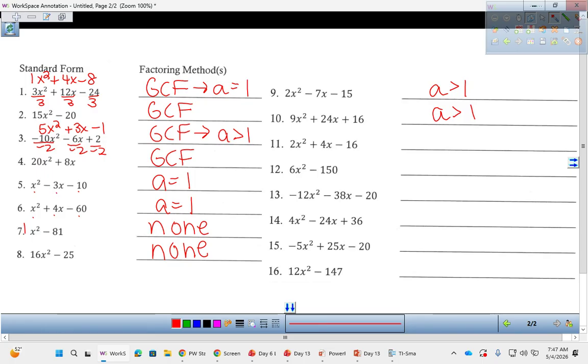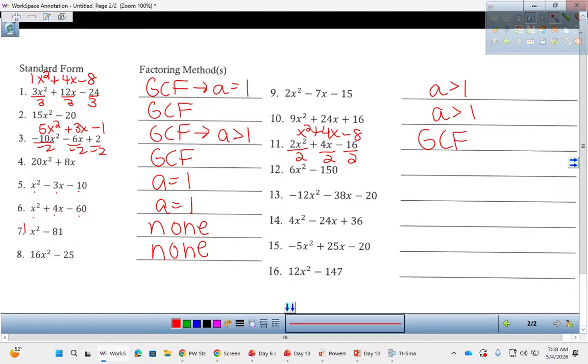What about number 11? Is there a GCF between 2, 4, and 16? Yeah, they're all even. So I can do a GCF. And if I do that GCF, I get x squared plus 4x minus 8. What does A equal? 1.